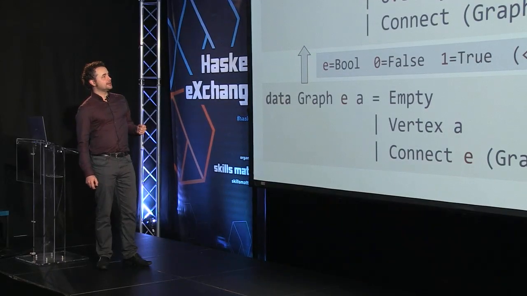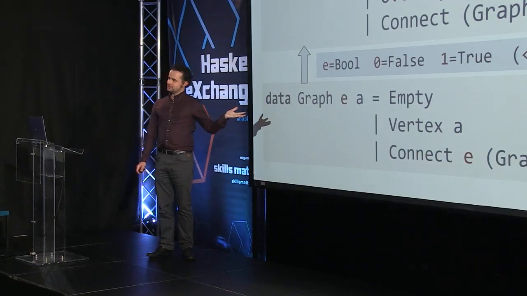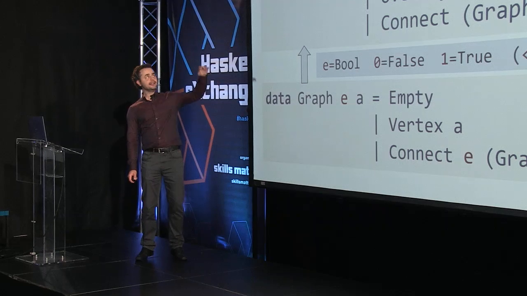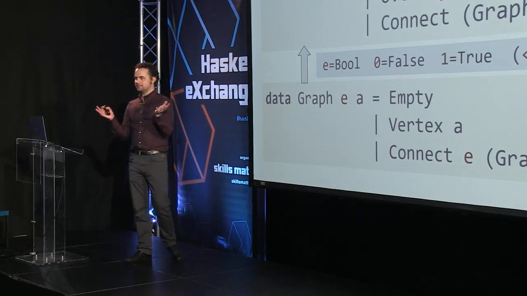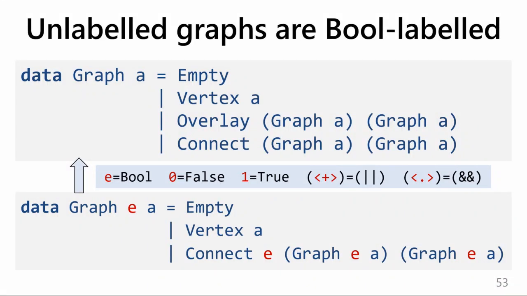All right, so another interesting observation is that the unlabeled graphs, well, actually, in this formulation, they are labeled by Booleans, right? So we don't necessarily need this data type at all. We can just use this data type, and we could obtain this one by just using Boolean labels, and then 0 corresponds to the lack of an edge, which is connected by false, and the 1 corresponds to being connected by true.